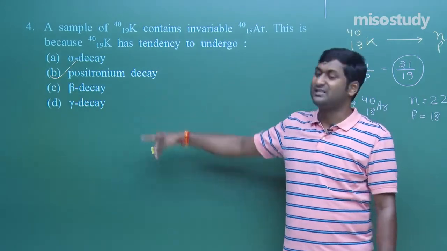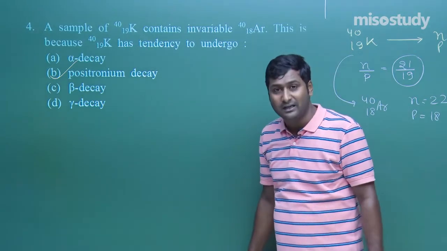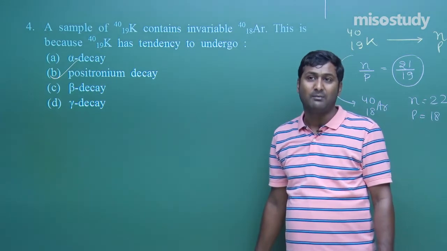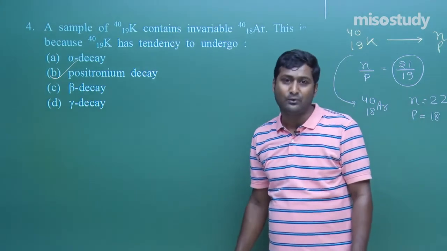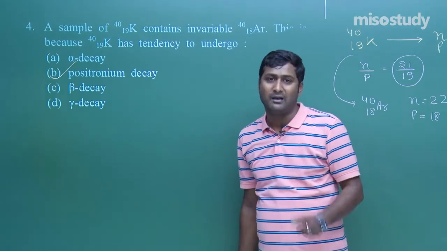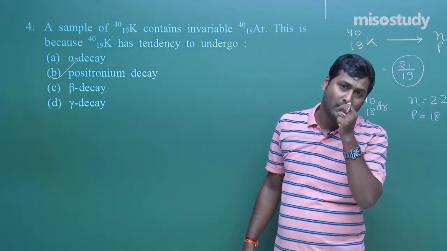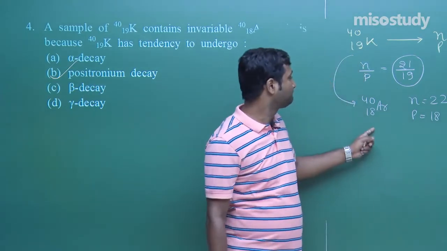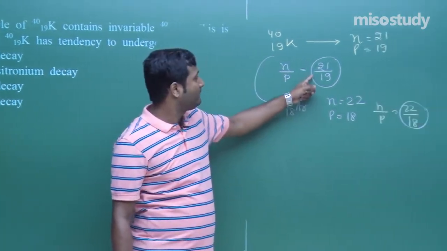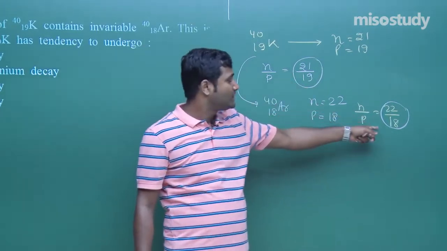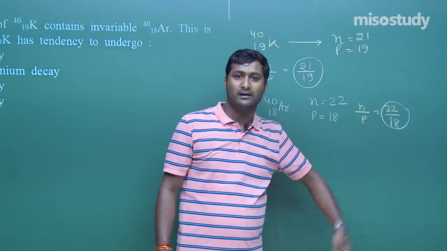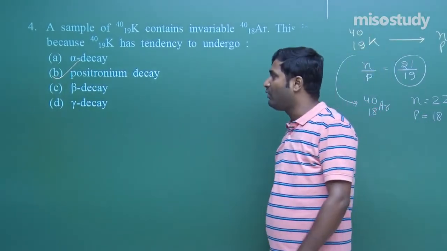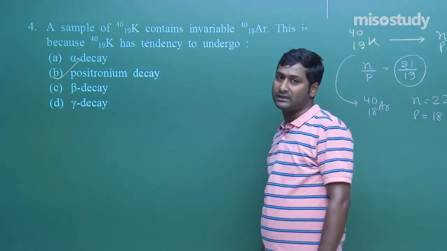And what about alpha decay? In a natural process, when the N/P ratio is lower and we have to increase the value of the N/P ratio, my friend. Clear to you? Still if you have any doubt, you can easily ask me. Look at here: N/P ratio less, N/P ratio more. From lower to higher, that is positron emission. So in this case, question number 4 has option B, which is correct.